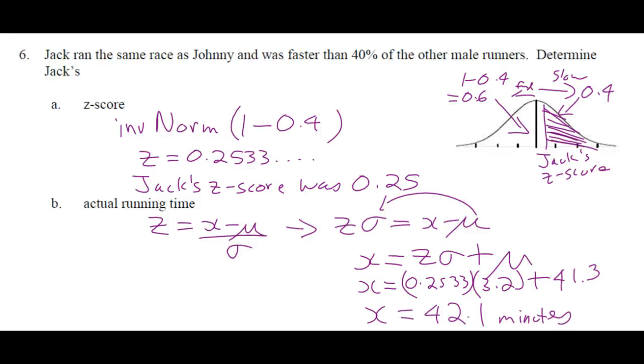We need to get his z-score, because the only way we have of finding his actual time is to find the x value. So we put in the area to the left, either as 1 minus 0.4, or we do that calculation, get 0.6. We get his z-score, put it into the z-score formula, and work out the x value.